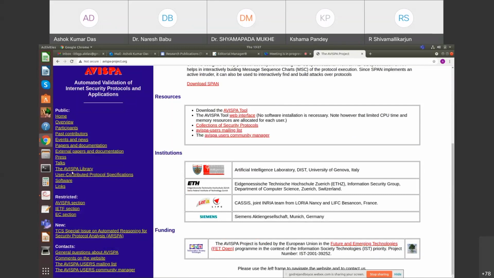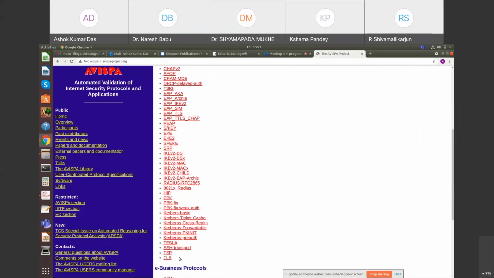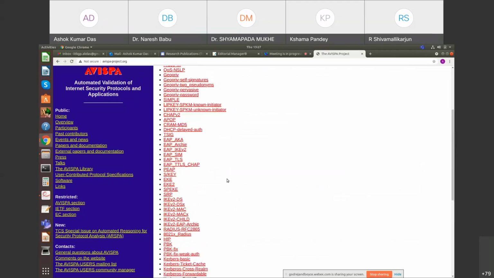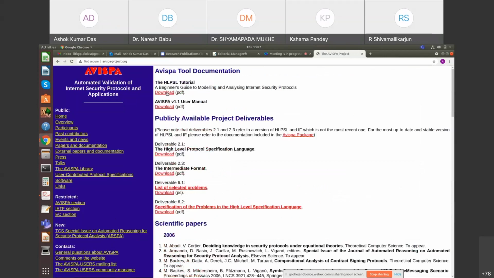For example, the Kerberos protocol and the TLS protocol are all implemented using the Avispa library. And for documentation, you can read the HLPSL document or the Avispa document, everything.